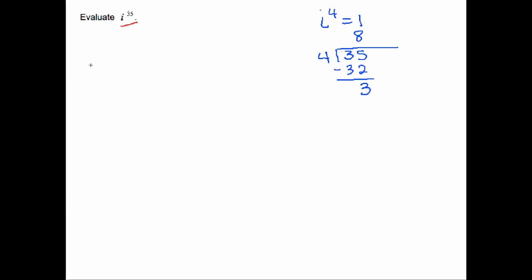So we're going to rewrite i to the 35th as i to the 4th raised to the 8th, because that's the same as i to the 32. And since we started with i to the 35th, I'll multiply this by i cubed, and that way the sum of the exponents is 35.